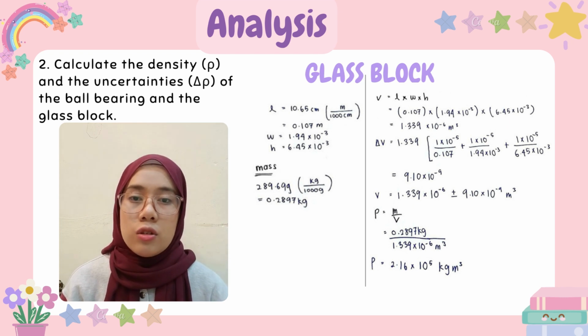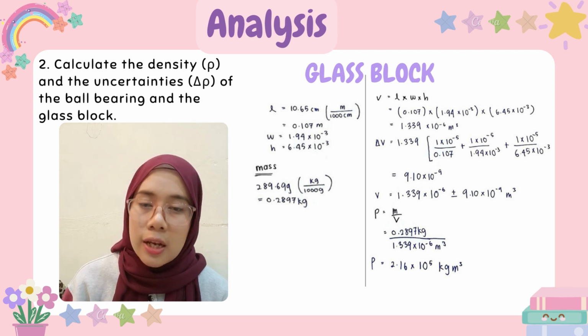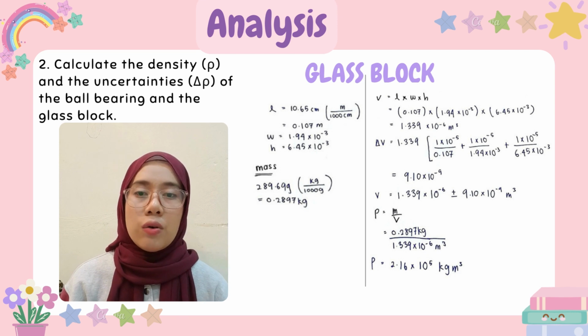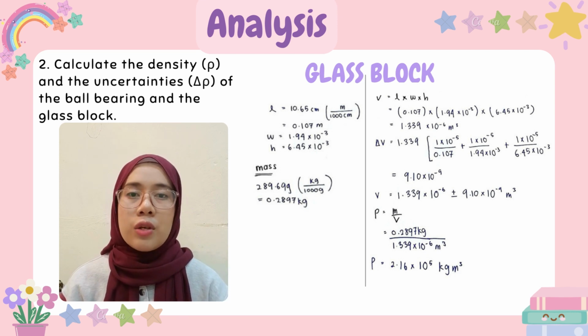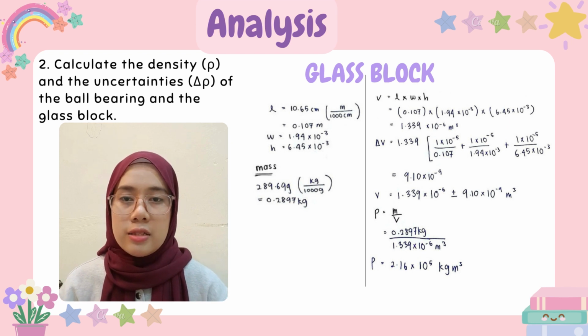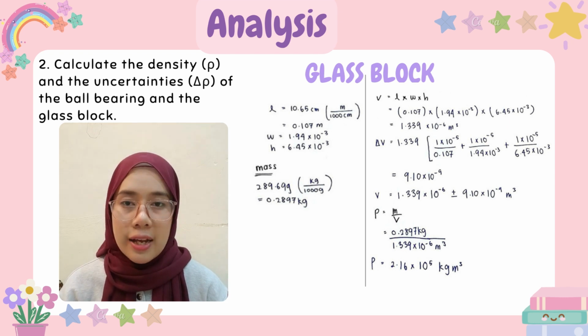Width equals 1.94 times 10 to the power of negative 3 meter after we divided. Height equals 6.45 times 10 to the power of negative 3 meter after we divided by 100. Next, to calculate the glass block volume, it is length times width times height.